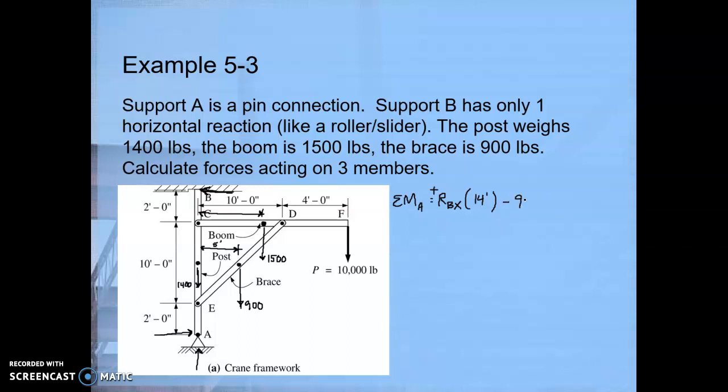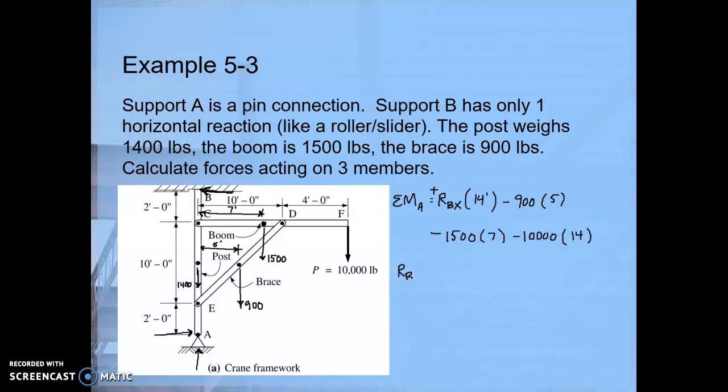So we've got negative 900 times the horizontal distance from A, which is 5 feet, minus 1500 times its horizontal distance here, which was 7 feet, because the weight is at the midpoint. The boom is 14 feet long, half of 14 is 7. And we also have the 10,000 externally applied load multiplied by a distance of 14 feet.